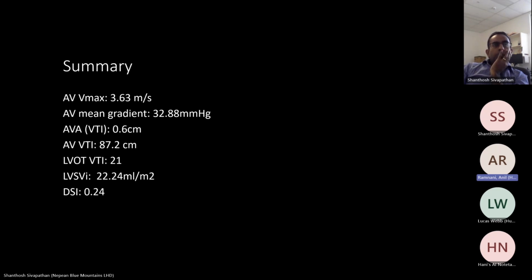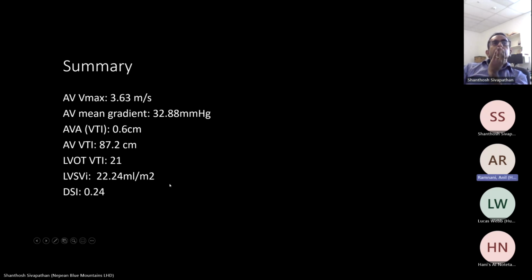AVA by continuity 0.6, DSI 0.24, gradients, although low, and with that ejection fraction, which is slightly subnormal, I feel, but looking at the VTI, normal. Severe. Anything else from this? So you've said, anything else that's important to mention?